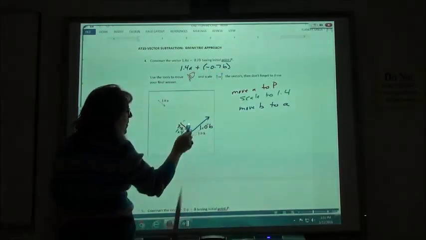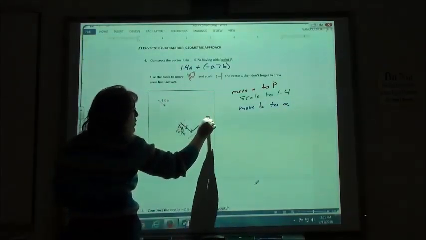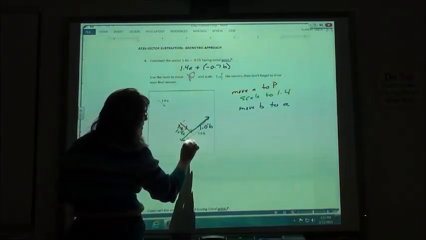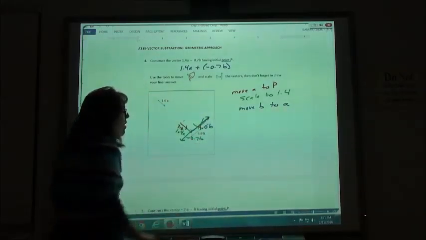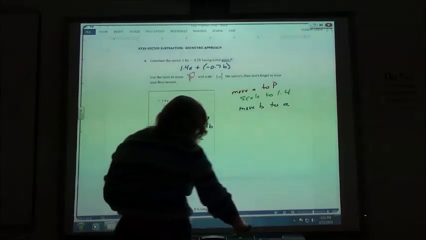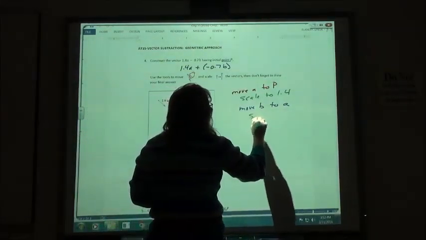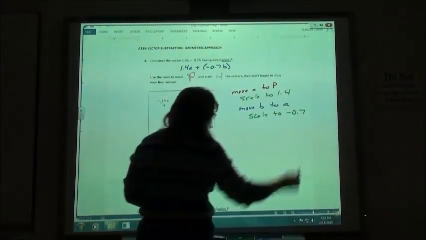And so since this is a positive 1.0, I'm going to take that, and it's going to push all the way backwards, and I'm going to keep going back until it says negative 0.7b. So this part will be gone, and it will end up going in the opposite direction. Now I forgot to write here, scale to negative 0.7.